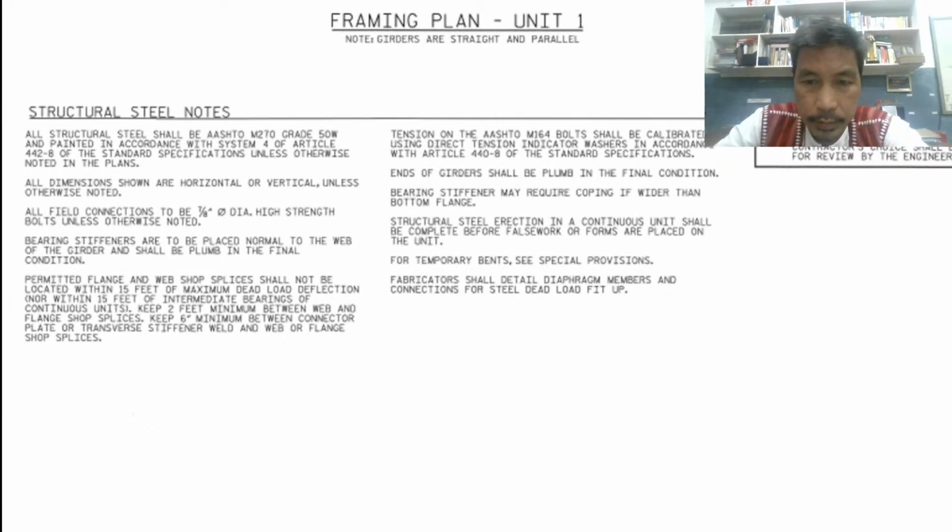Coping. Bearing stiffener may require coping if wider than the bottom flange. If it is wider than the bottom flange, it may be susceptible to seepage of rainwater into the wall.